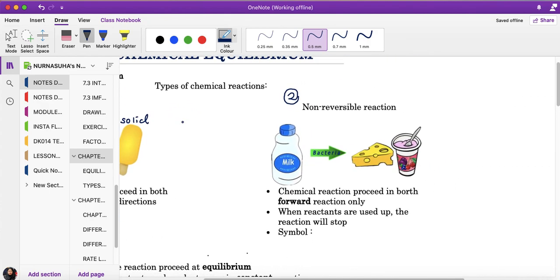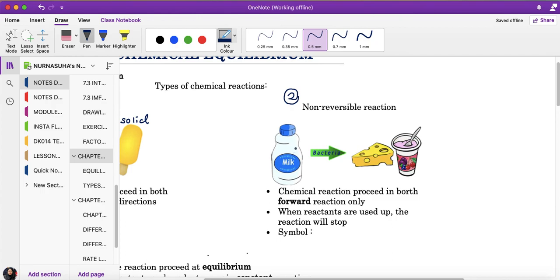Next is a non-reversible process. So for example, this mold, when we add it into the milk, so what happen? Kita boleh hasilkan cheese, yogurt and so on. So once kita dah hasilkan this product, boleh tak kita nak jadikan dia sebagai susu semula? Impossible, right?